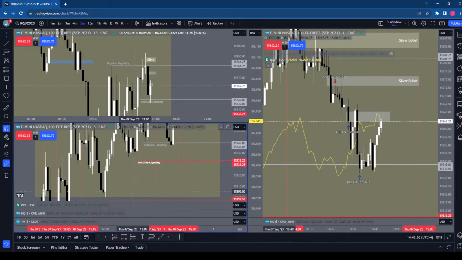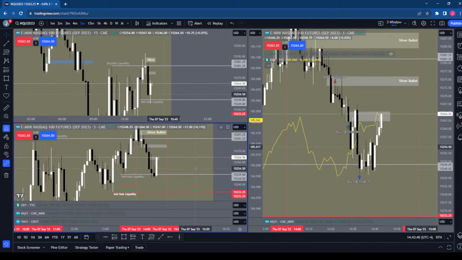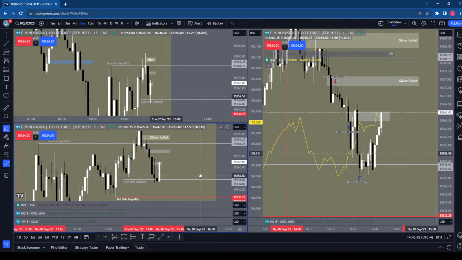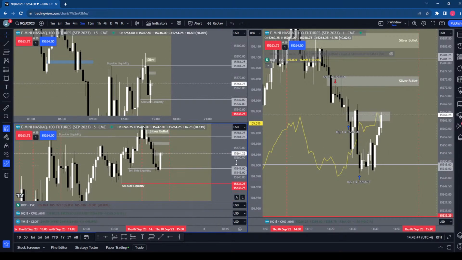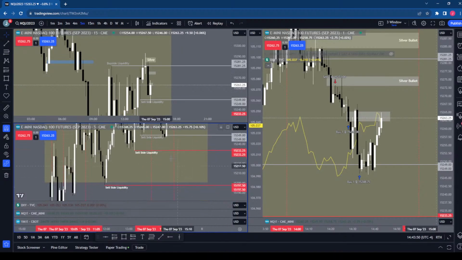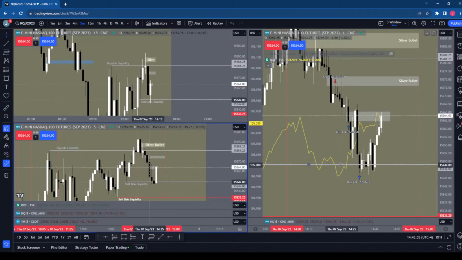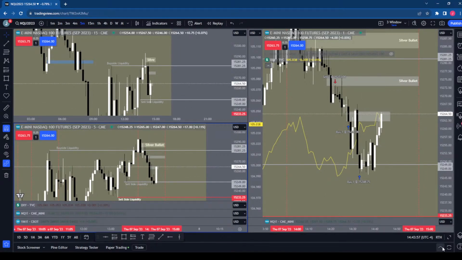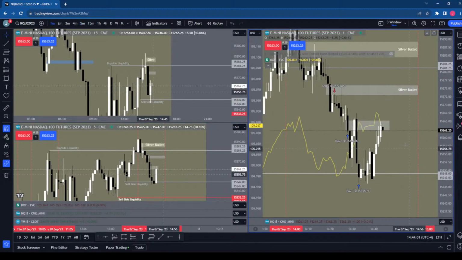I outlined all these sell-side liquidity scenarios, but it depends on your skill level and your analysis of price, how sure you are that it'll be going down here. But partials always pay. So we're already $600+ locked in.